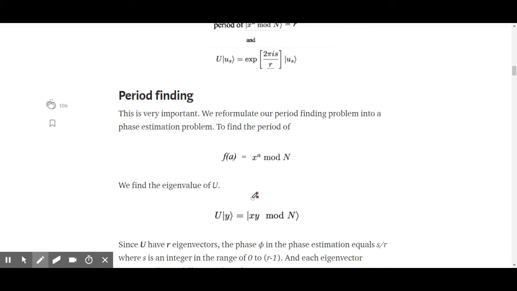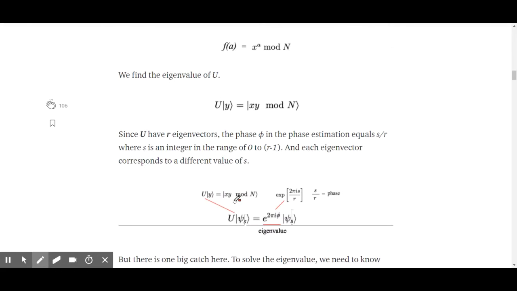Period finding. This is very important. We reformulate our period finding problem into a phase estimation problem to find the period. The phase estimation problem: we find the eigenvalue of u. Since you have r eigenvectors, the phase phi in the phase estimation equals s divided by r, where s is an integer in the range of 0 to r minus 1, and each eigenvector corresponds to a different eigenvalue.